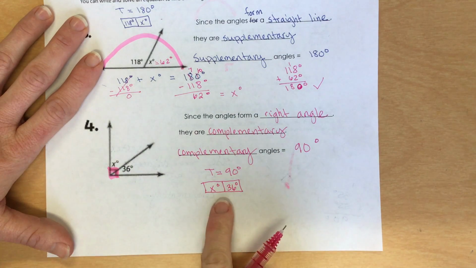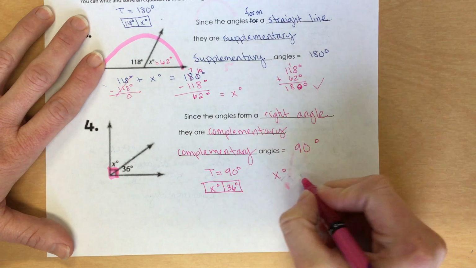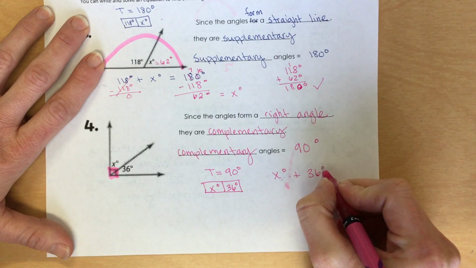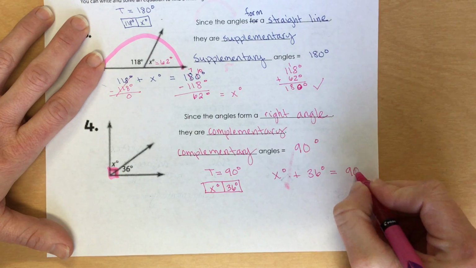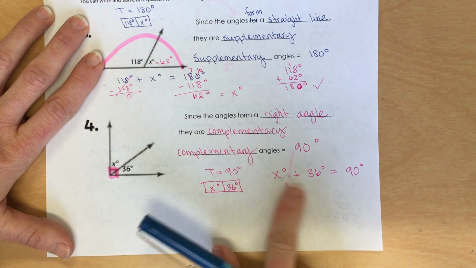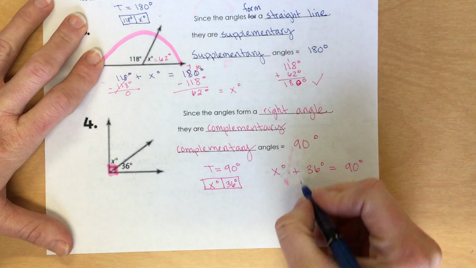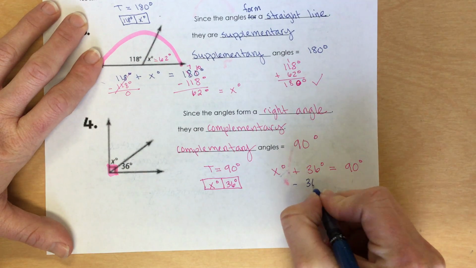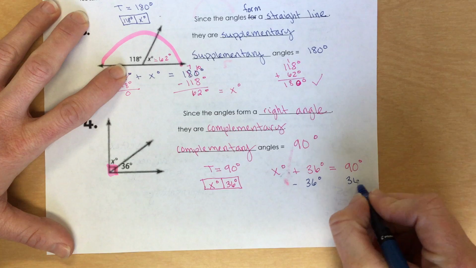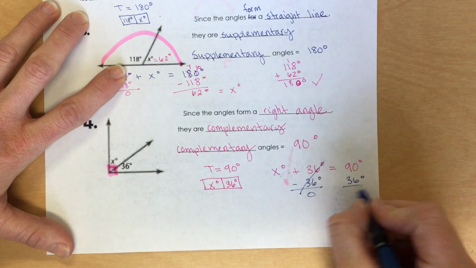How can I write an equation showing my two parts equal my whole? Well, I know if I do x plus my 36 degrees, that's going to equal my total of 90. I want to get x by itself, so we're going to undo this operation by doing the opposite of addition, which is subtraction. So I'm going to take away my 36. I know this equals 0, so that cancels out.